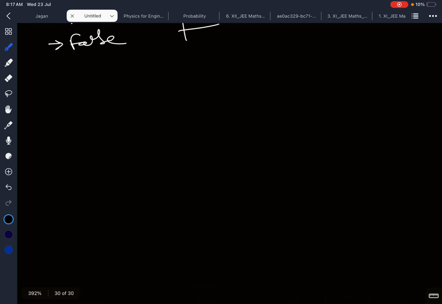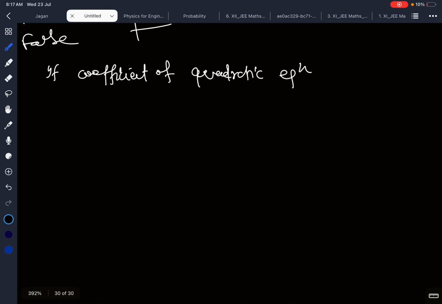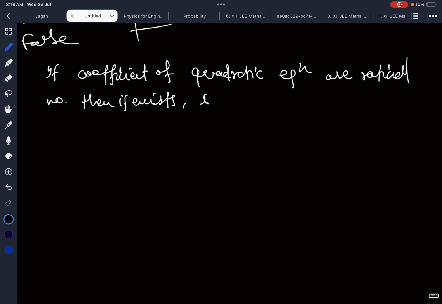Okay, so we will go on to the next question, which is: if the coefficients of a quadratic equation are rational numbers, then if irrational roots exist, they will exist in pairs.